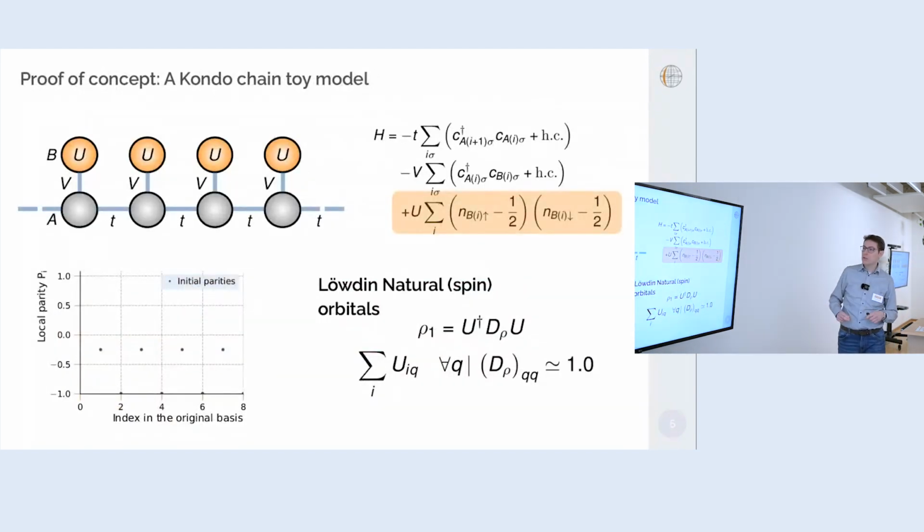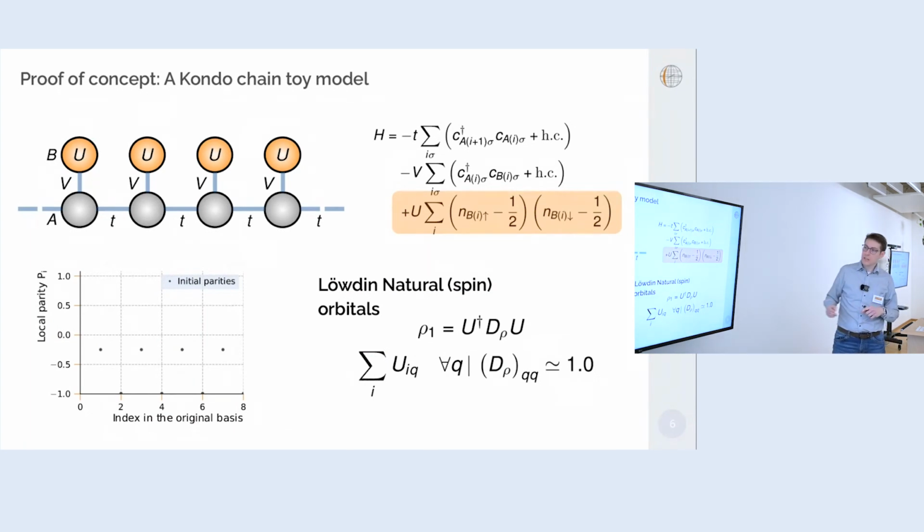And to try this out and also to prove that this makes more sense than maybe traditional ways of finding such orbitals, traditional meaning the Lieb-Mattis natural spin orbitals, where you would calculate the 1-electron reduced density matrix of the system in the ground state, diagonalize that, and then take all the orbitals that correspond to an eigenvalue of 1.